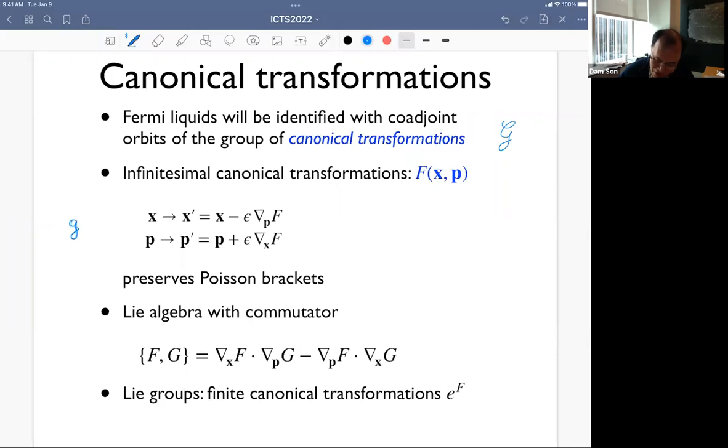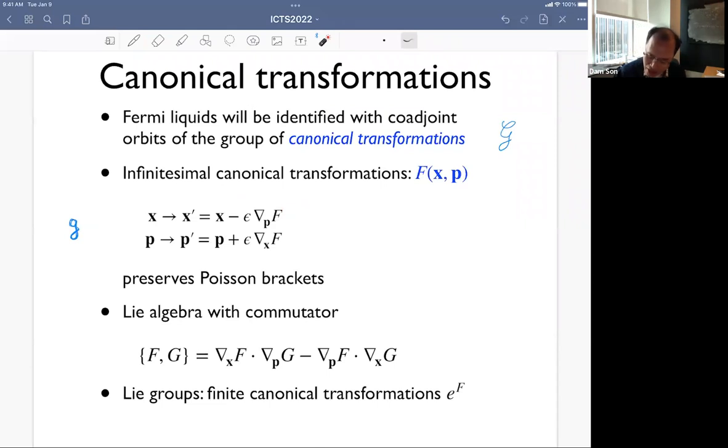The algebra of these canonical transformations is parameterized by a function of phase space X and P. You can think of this function of X and P as generating a small infinitesimal canonical transformation, transforming X to X prime and P to P prime according to this equation, which can be interpreted as the evolution in an infinitesimal time epsilon, using F as the Hamiltonian.